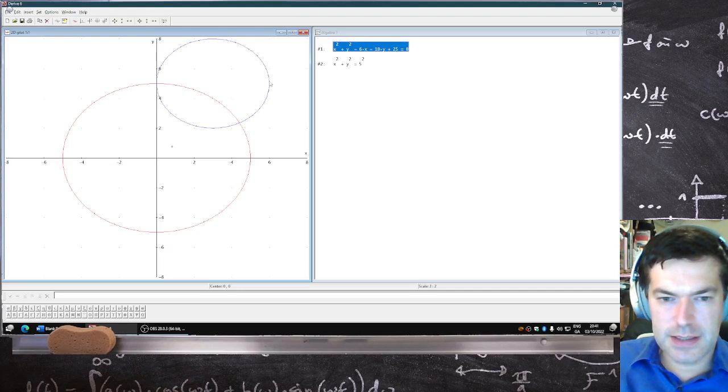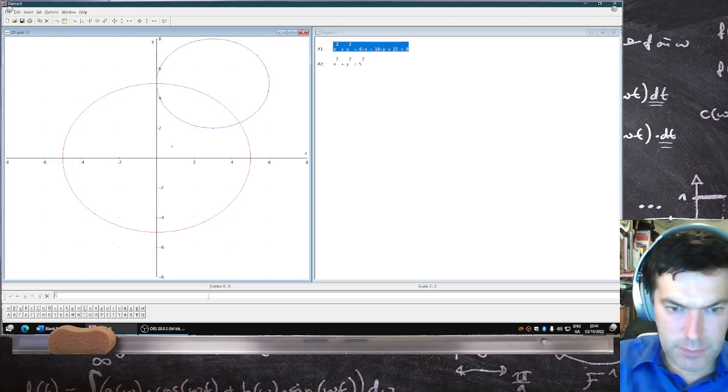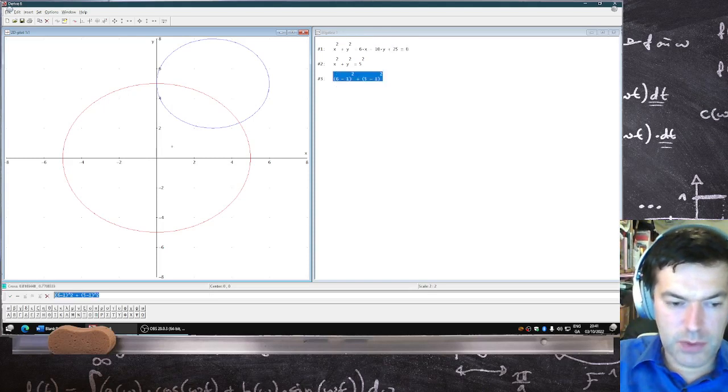I know what I can do. I can see (6, 5) is on the circle. So I'll calculate the distance between (6, 5) and (1, 1), and then (6, 5) and (2, 3).